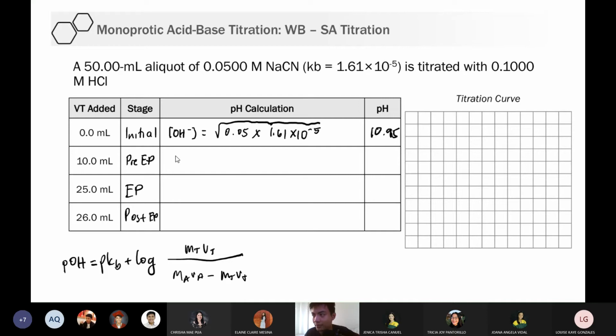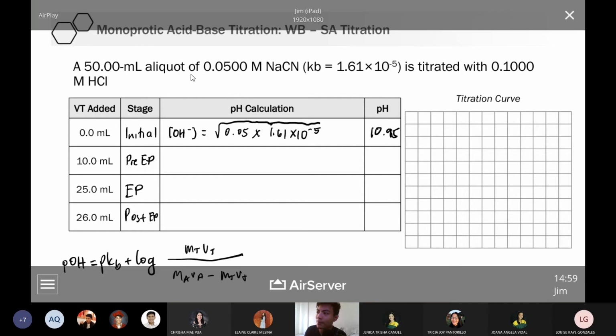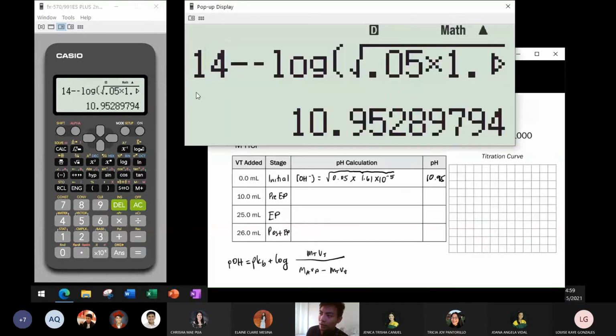Okay tayo dyan. Plug in. By the way, pKb, hindi ko alam yung value ng pKb. Calcu natin.